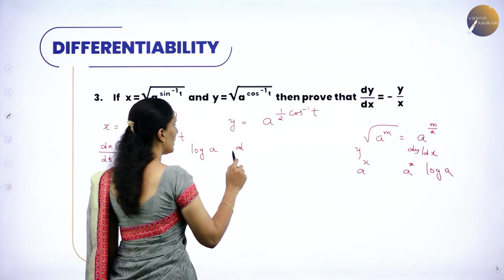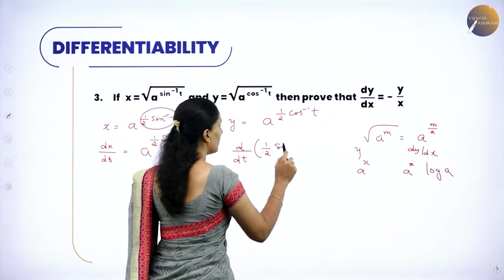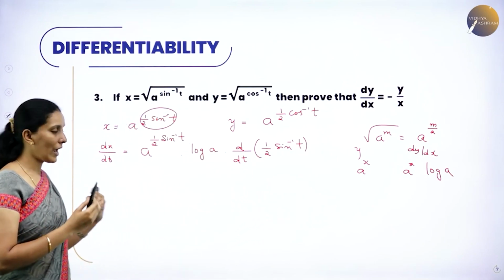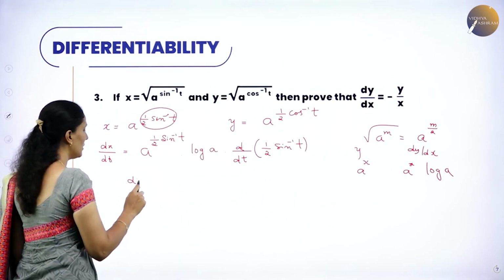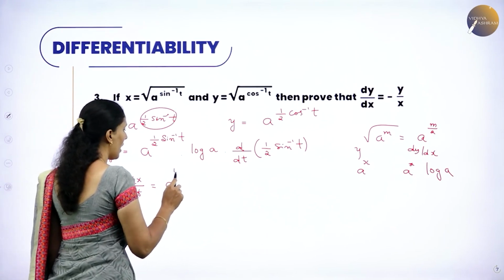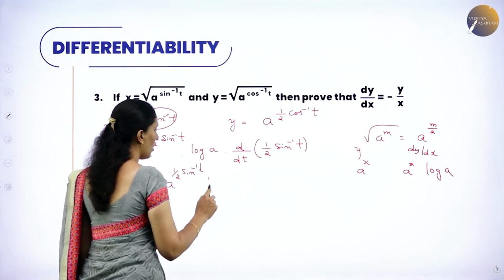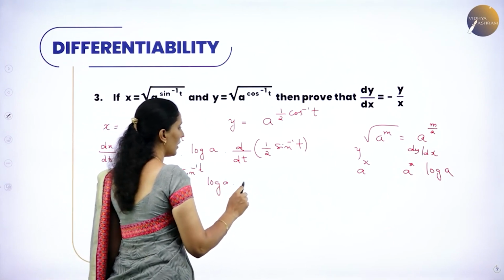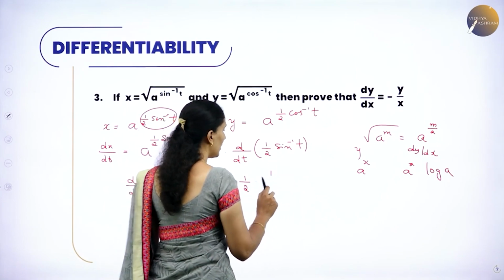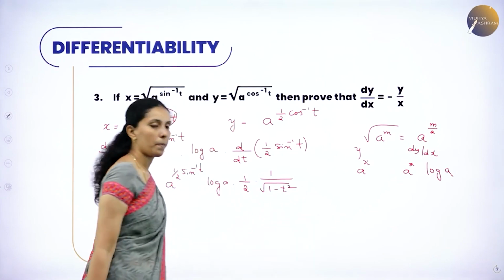That is d by dt of half sine inverse t. Since half is a constant, we can take it out. So we get here dx by dt is equal to a half sine inverse t log a into 1 by 2. What is the derivative of sine inverse t? It is 1 divided by root of 1 minus t square.